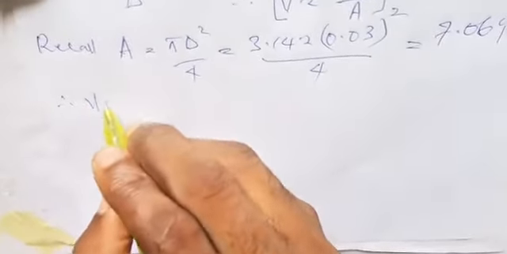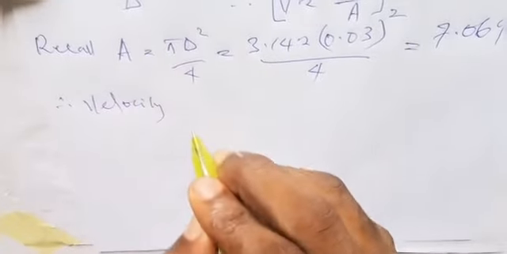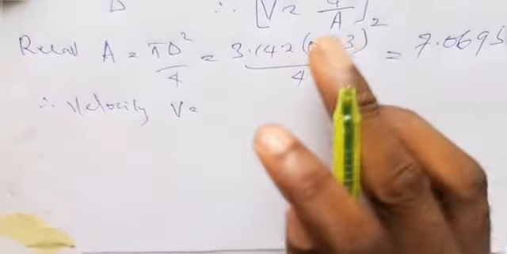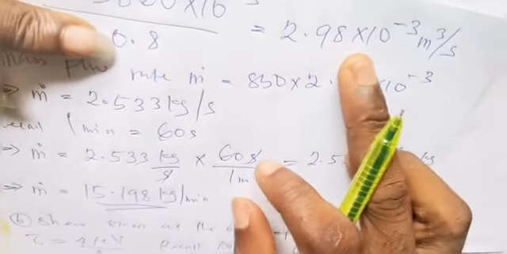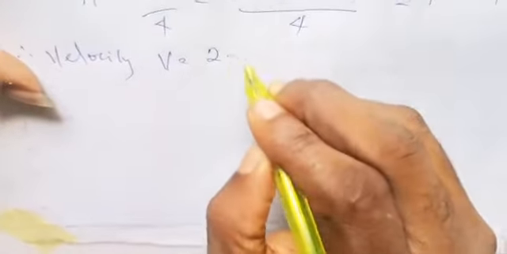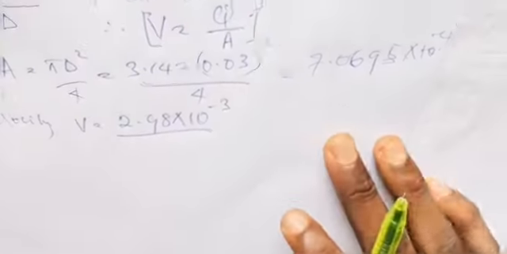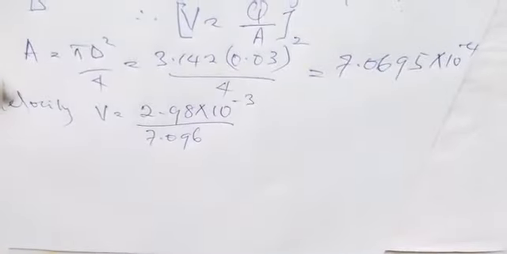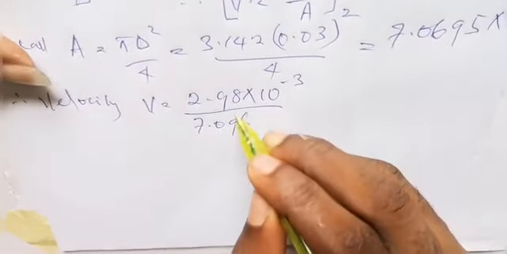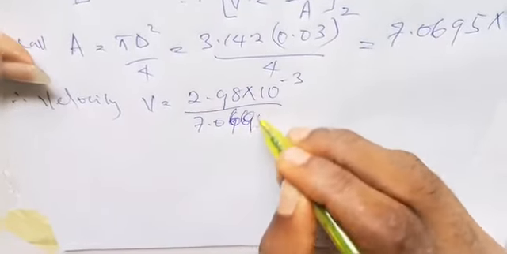Therefore, velocity V is equal to discharge all over area, and we saw the discharge to be 2.98 by 10 to the power of minus 3. So this becomes 2.98 by 10 to the power of minus 3 divided by the area, which is 7.0695 by 10 to the power of minus 4.